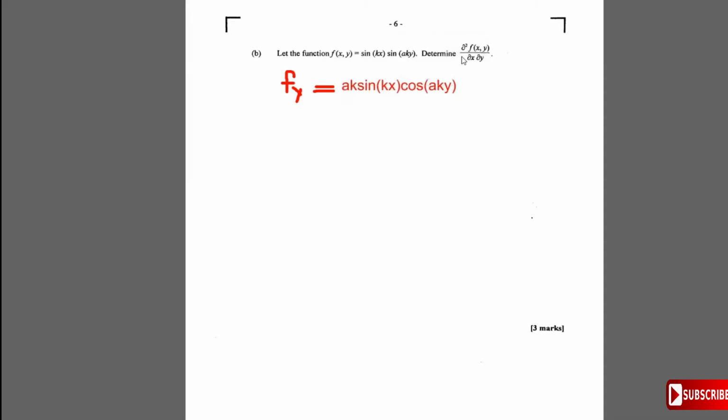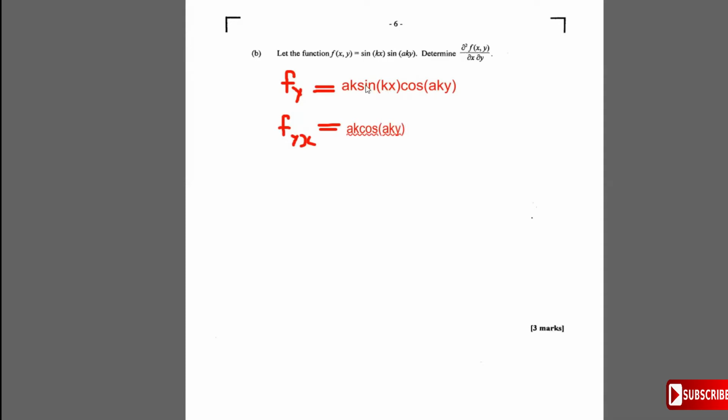Next we need dou 2f of dou x dou y, so we differentiate with respect to x now. So it's fyx. We need to differentiate fy with respect to x. We're going to keep this part, a cos aky, as a constant, so I'm going to rewrite it as ak cos aky, just to show that that's a constant.